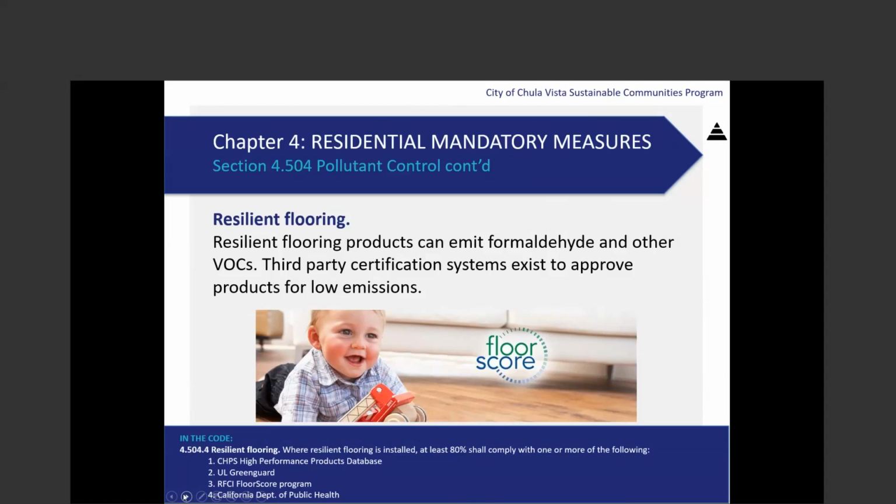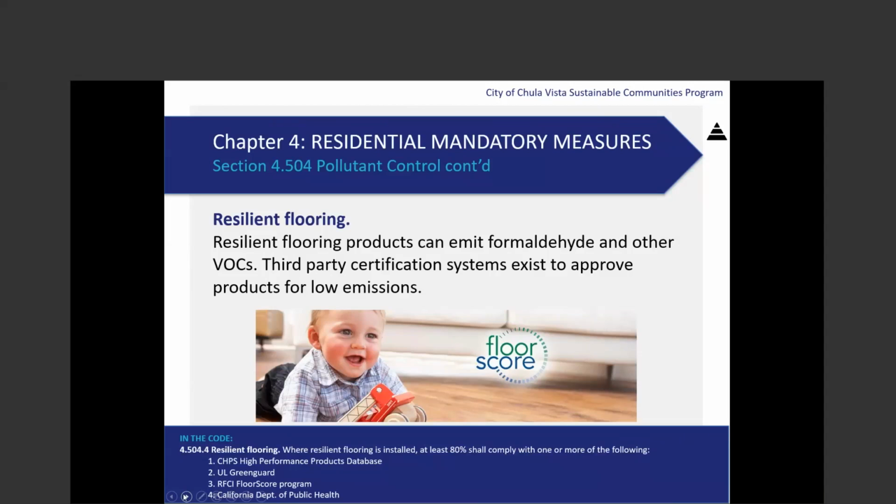Wood flooring that has been certified has the added benefit of reduced formaldehyde off-gassing, which in high concentrations can cause cancer and has adverse health effects in lower concentrations that may be found during typical off-gassing. This measure requires that at least 80% of resilient flooring meets one of the standards. However, as you can see, we've got our tiered icon again. There are options for more stringent compliance in the voluntary measures.